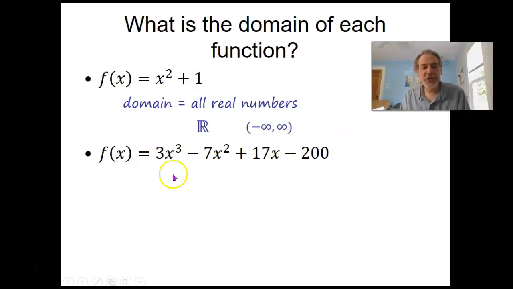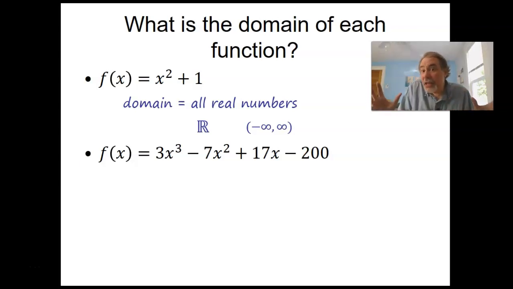What about this function? F of x equals 3x cubed minus 7x squared plus 17x minus 200. So start with the set of all real numbers. And then the two things we have to watch out for are denominators can't be 0, and anything under an even indexed radical has to be greater than or equal to 0.